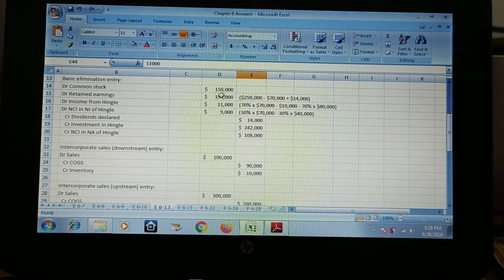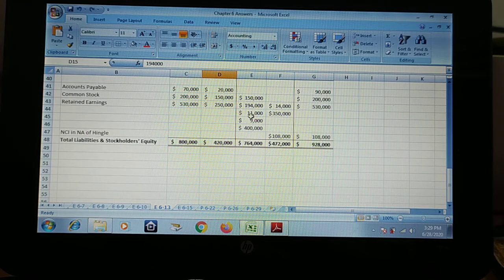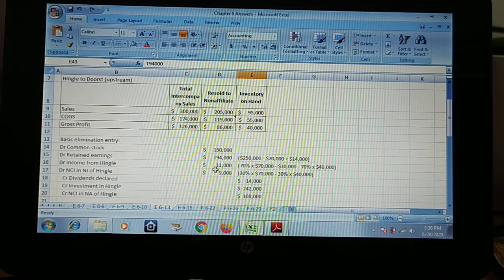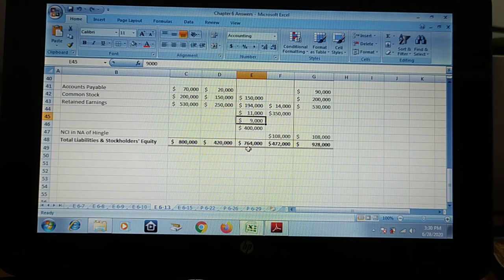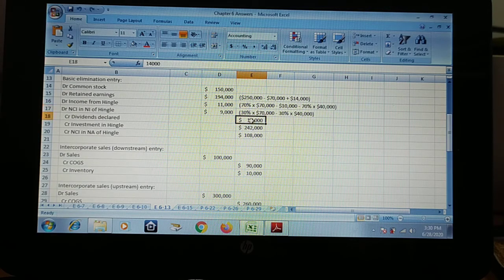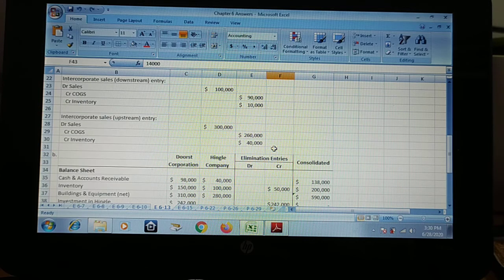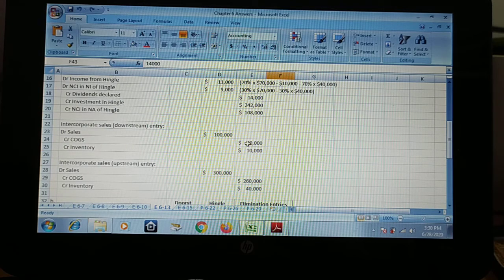For example, the retained earnings is debit, then you put it on debit. And then income from Hingle and then NCI in income you also put on debit. And then dividends declared you put on credit. And then the sales and COGS, because they are in the income statement and we don't do the income statement part, we also move them to the retained earnings column.